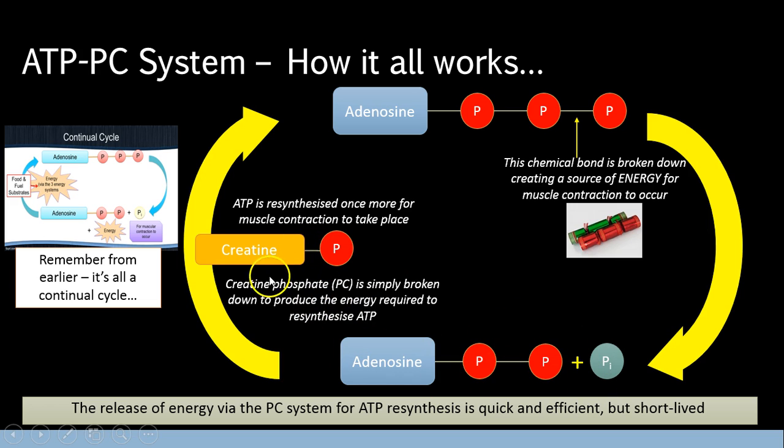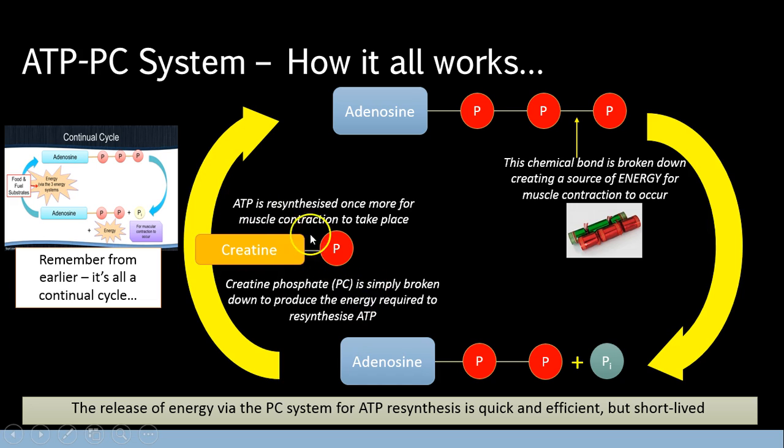The creatine phosphate is broken down, so we break this high energy bond, and when that energy and this phosphate are released, that allows us to use the ADP and recreate the ATP. Then we have that ATP available for muscle contraction, and you can see this is a continual cycle.